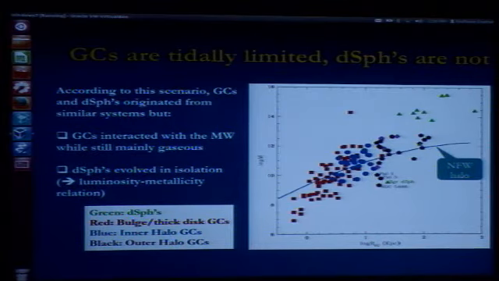Okay? So this relation is telling you that in principle you may think of a whole family of objects, a single family of objects, but that behave differently because they are at a different distance from the galactic center. So the dwarf spheroidals have a given evolution because they were far from our galaxy, while the globular clusters now are tidally limited.